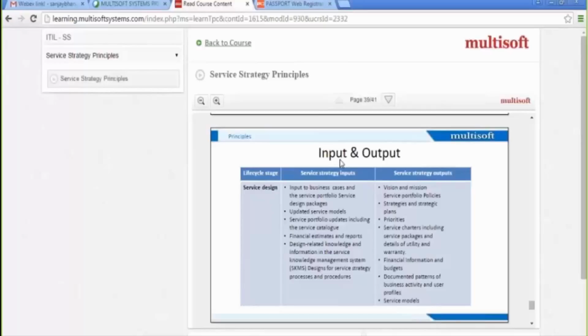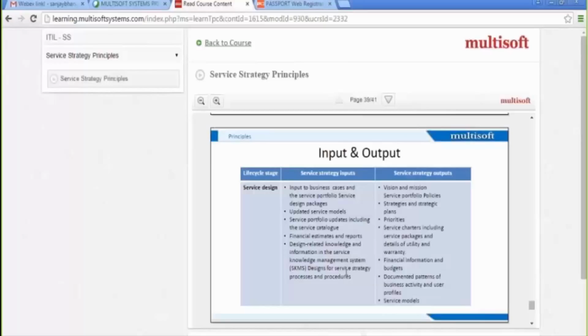Then the updated service model, service portfolio updates, including the service catalog. The service catalog is part of the service portfolio. Financial estimates and reports, design-related knowledge and information. Knowledge and information are my assets. One more thing shown here is knowledge management, the service knowledge management system. This is called SKMS.